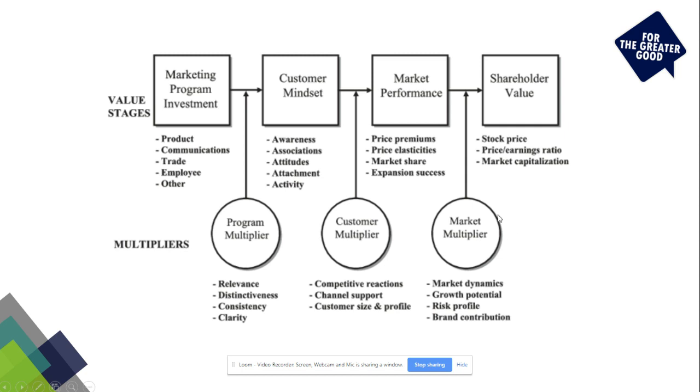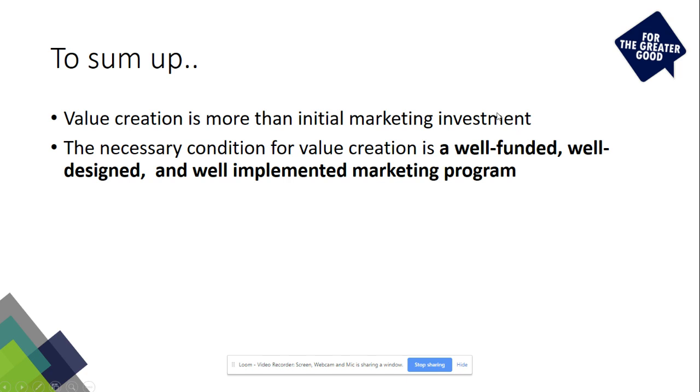That also applies to the market multipliers. When the market multipliers, for example the market dynamics, are favorable, the market performance can also affect the shareholder value more. So to sum up, basically the value creation is more than the initial marketing investment. The necessary condition is a well-funded, well-designed, and well-implemented marketing program.